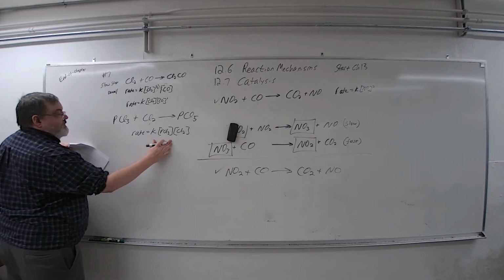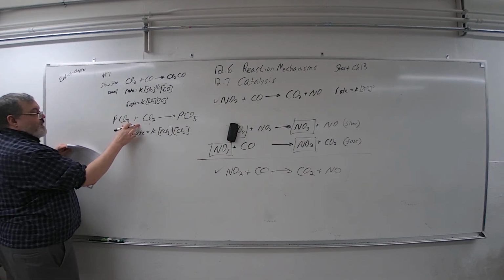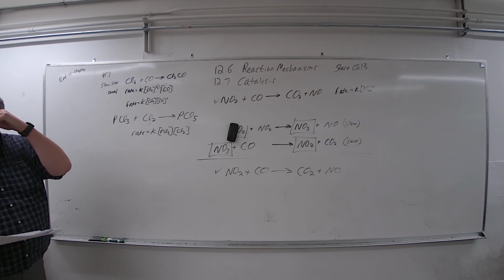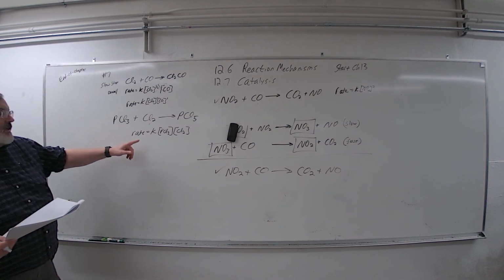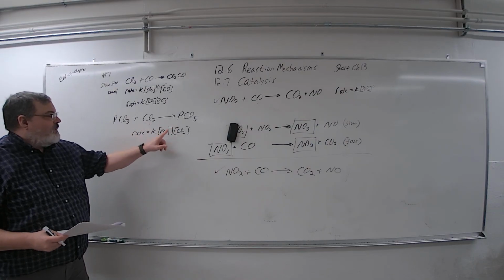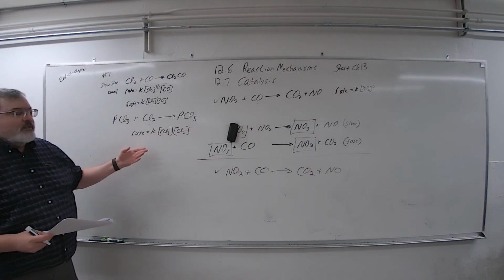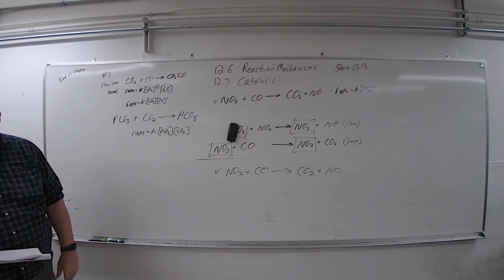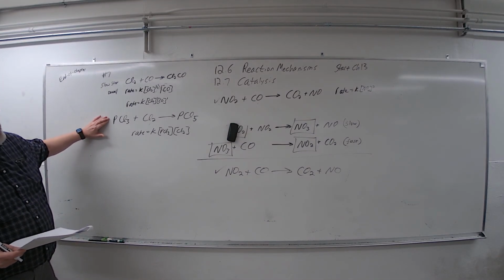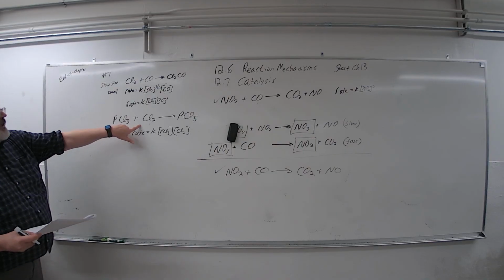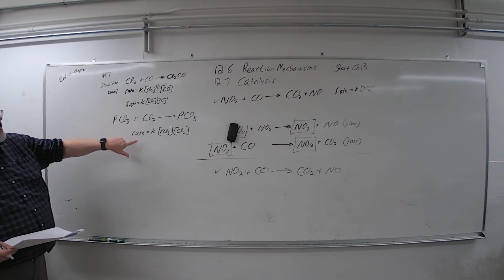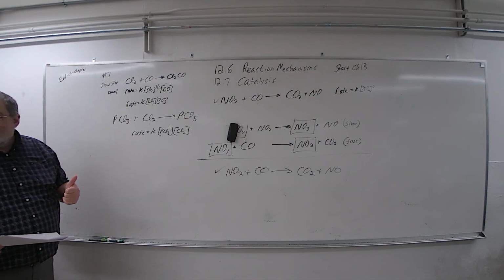So is this consistent with this? Basically, you're just looking for the bimolecular. And it is, because you've got this here with a 1, you've got this here with a 1, so that's consistent with that being the overall rate. So you basically take this, you write the molecularity rate equation, and if it matches this, then yes, it's consistent.